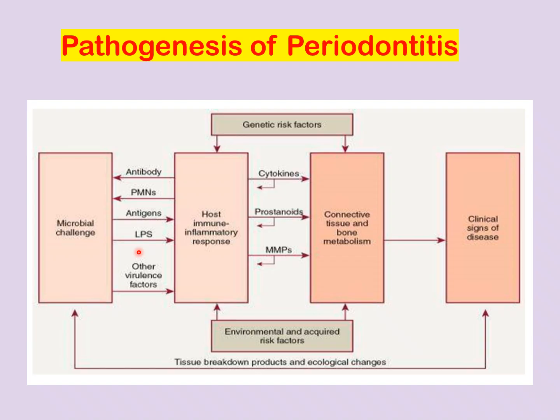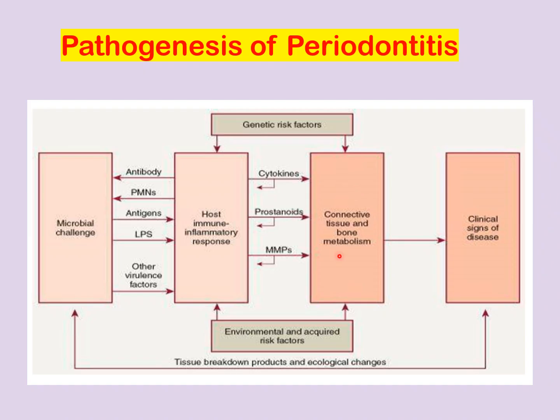To understand how HMT works, we have to first understand the pathogenesis of periodontitis. During microbial challenge, the bacteria release antigens, lipopolysaccharides and virulence factors. In response, the host releases antibodies and PMNs. During this, the host also releases inflammatory mediators such as cytokines, prostanoids and MMPs that affect the connective tissue and bone metabolism.